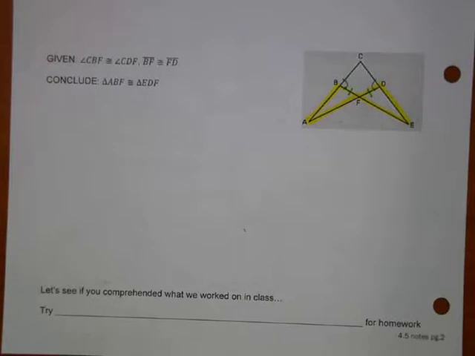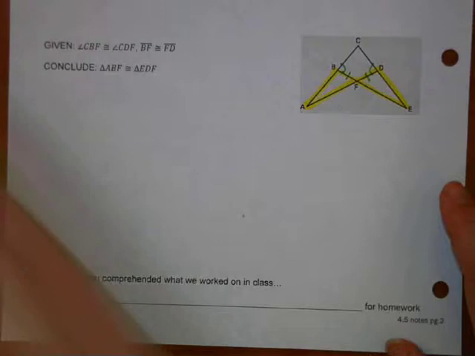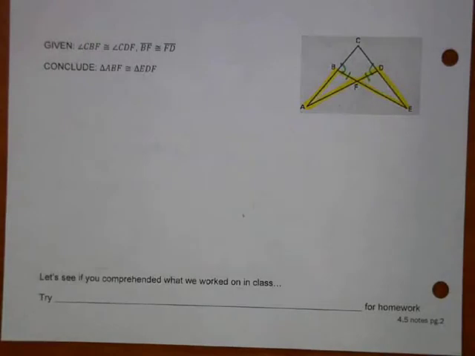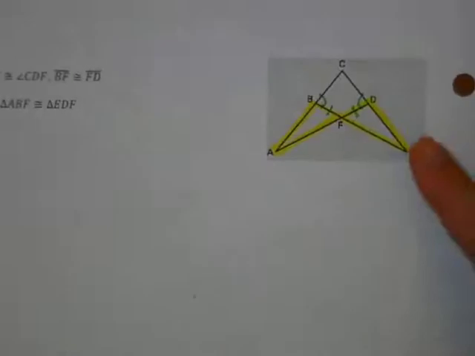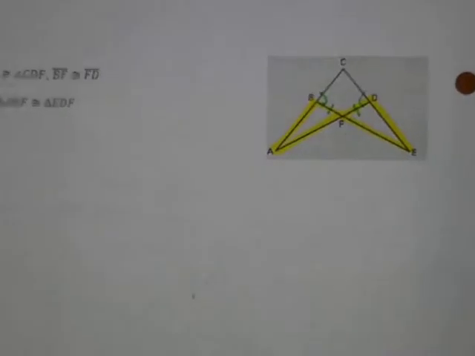So take a second and talk with your partner or somebody, or just on your own. Decide how you would go about doing this, and we'll talk about it. Ideas? Anybody? Yeah, Sabina. No? Okay, Alexa.